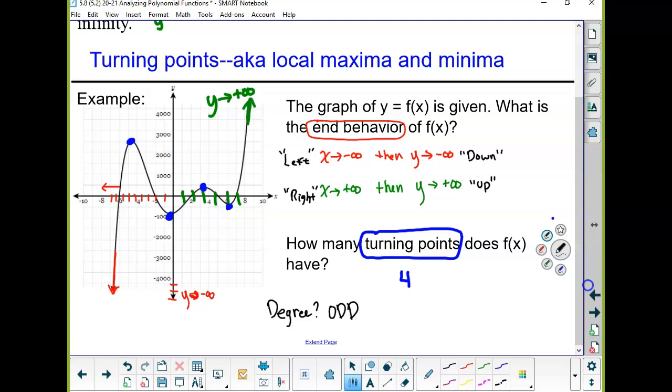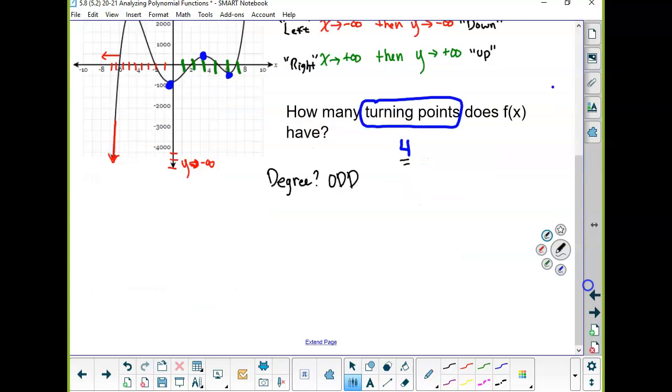They're in different directions. Now, the connection to that is it's an odd number that has to be greater than 4. The reason why is if I change directions multiple times, that means there was a change in a power. So this odd degree might be x to the 5th.